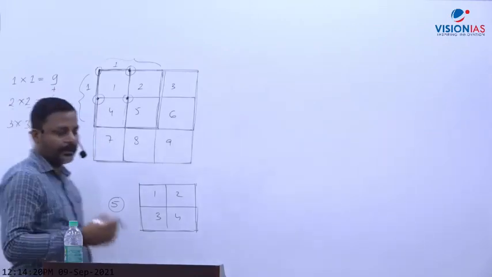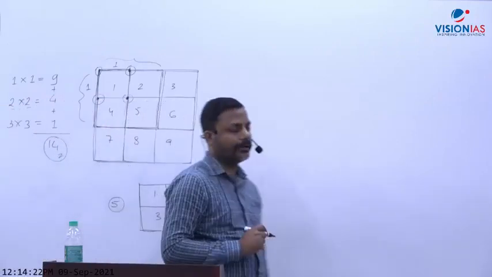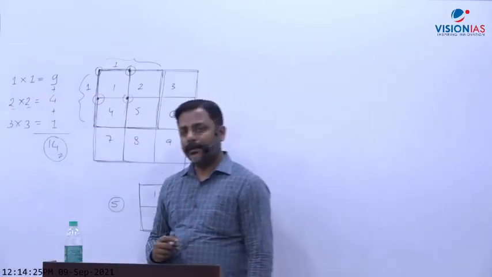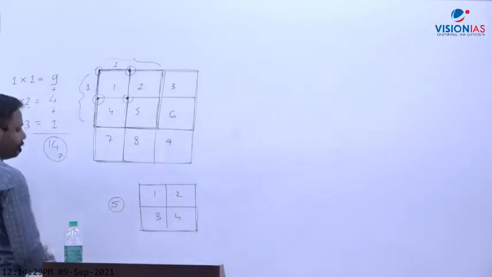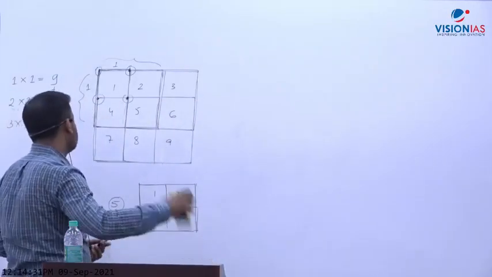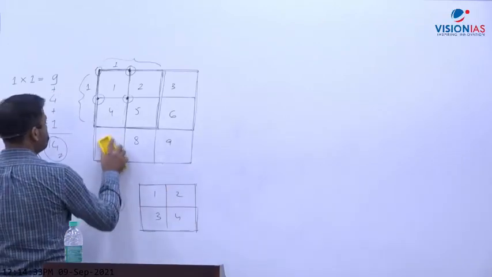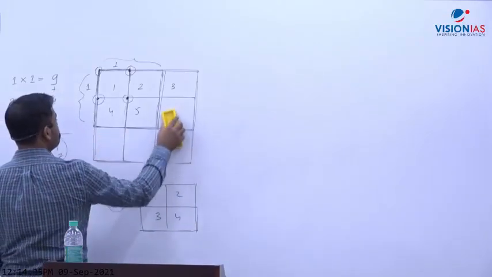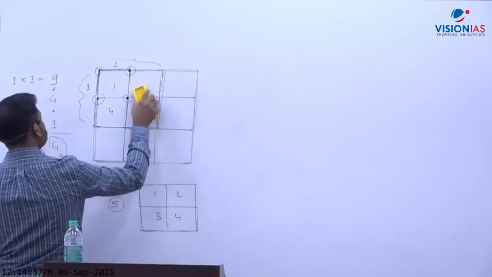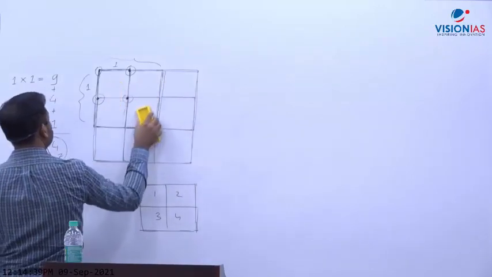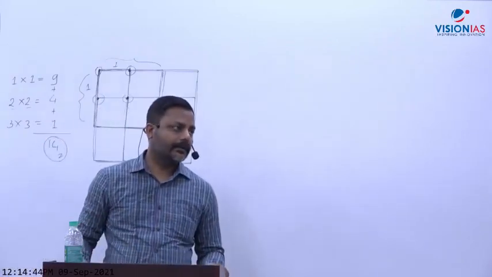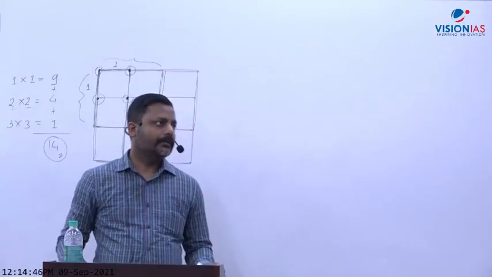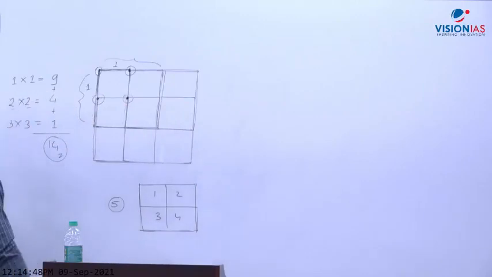So this is the method of counting. But here we can use a very simple and short trick. When the bigger figure is a square, we will see what?